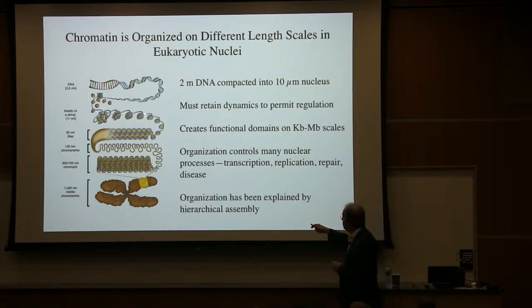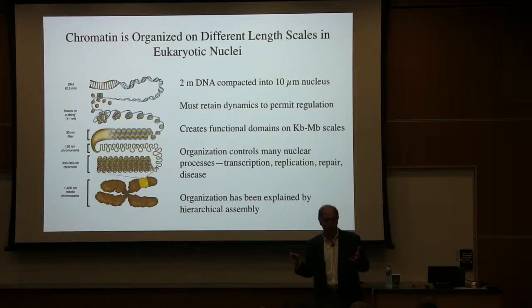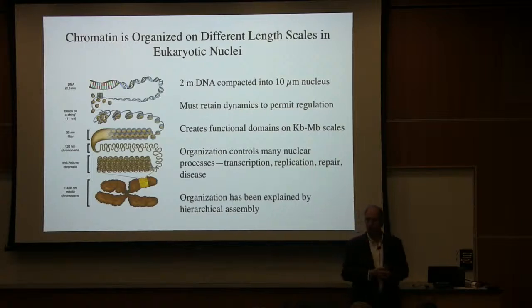Those nucleosomes have then been proposed to assemble into what's been called the 30 nanometer fiber, a 2-start helix of self-satisfied nucleosomes. Those fibers then assemble into thicker fibers, which assemble into still thicker fibers, and eventually you get something like the mitotic chromosome, which is the most compact unit of chromatin.